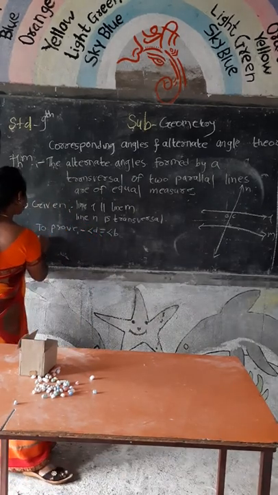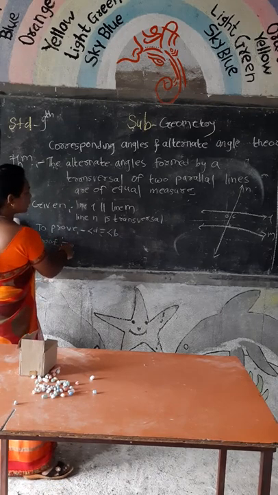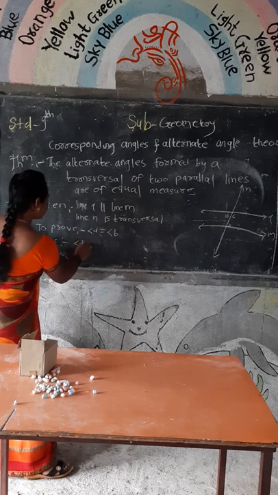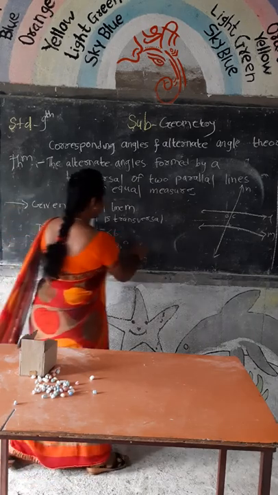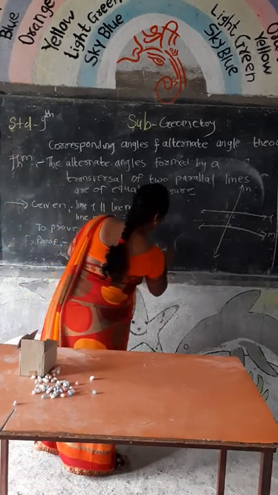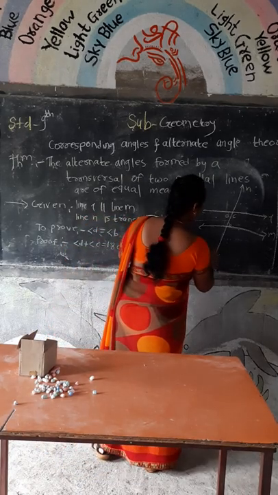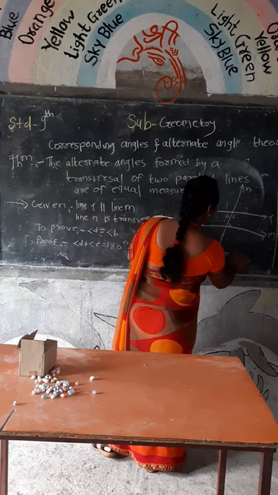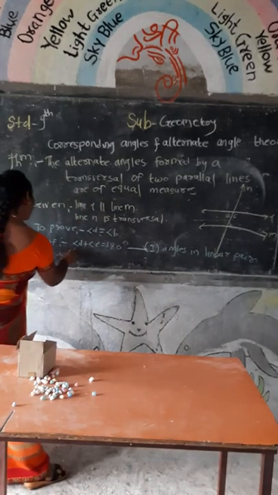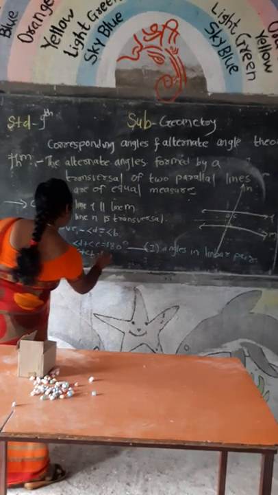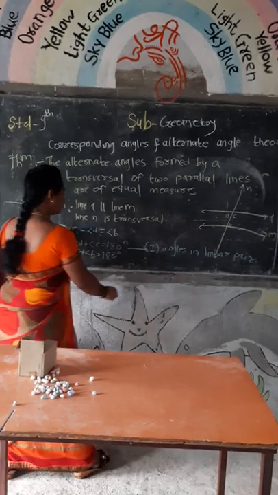Then the proof is: angle D plus angle C is equal to 180 degrees. Equation number 1, and the reason is angle C, linear pair. Then the second one is angle C plus angle B is equal to 180 degrees.